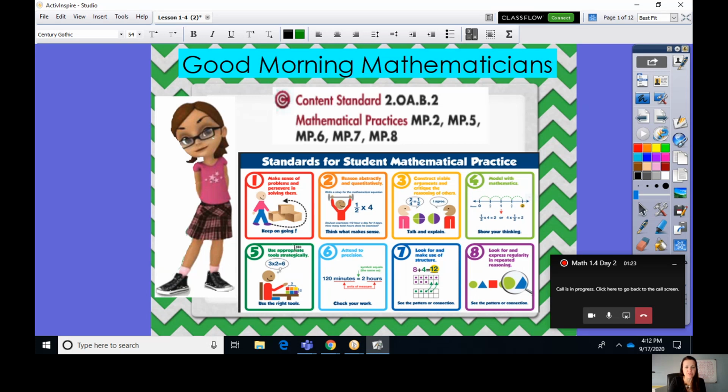Use the right tools, and they are tools, they're not toys. Math practice 6. Attend to precision. Check your work. Math practice 7. Look for and make use of structure. See the patterns or their connections. And math practice 8. Look for and express repeated reasoning. There could be some shortcuts there too.